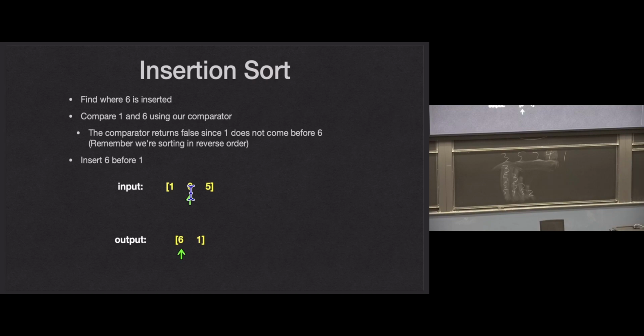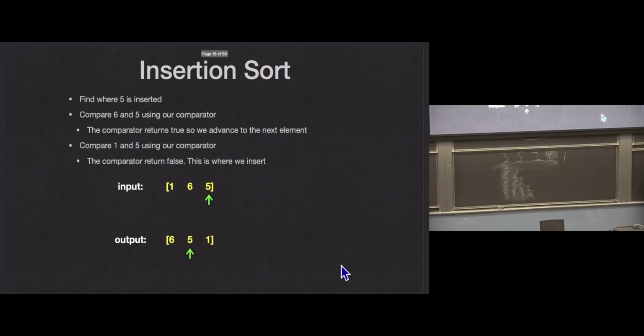And our comparator is going to say false. Remember, this is the greater than comparator, so we're sorting in decreasing order. Does 1 come before 6? And once it returns false, we know where we're going to insert that value. So 6 is going to go in that first spot before 1, and then 1 is going to get shoved down the line.